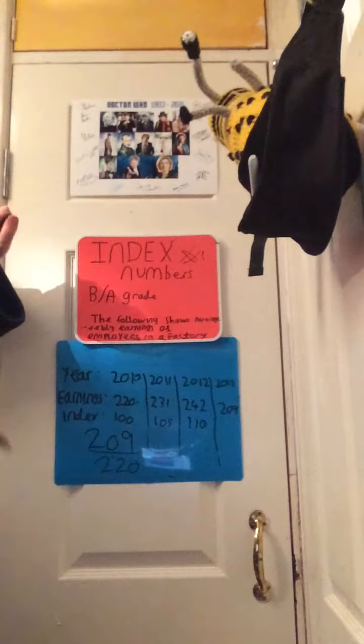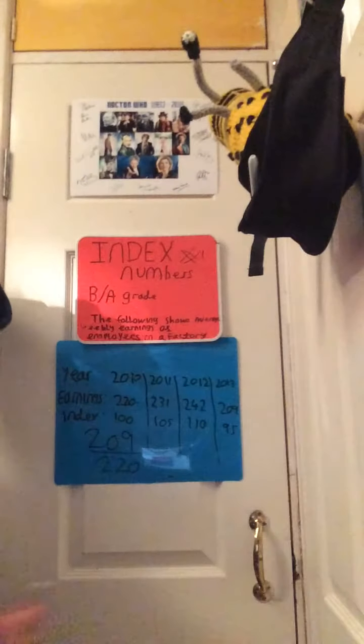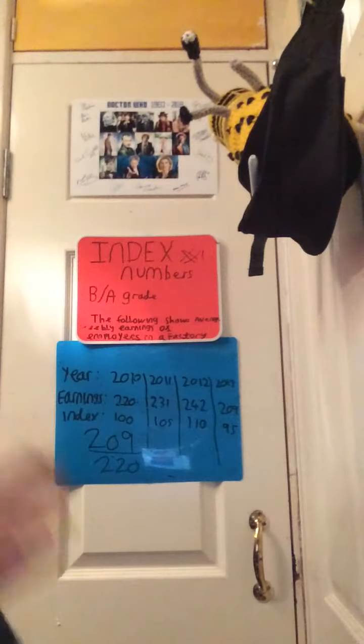Then 0.95 times 100 is just 95. What that tells us, comparing it to the base year, is that it's gone down 5% since the base year, right?